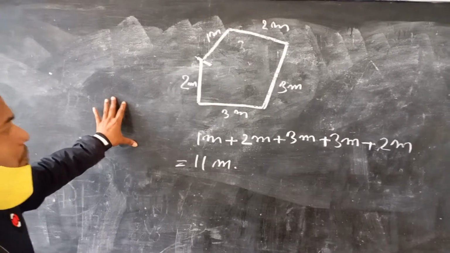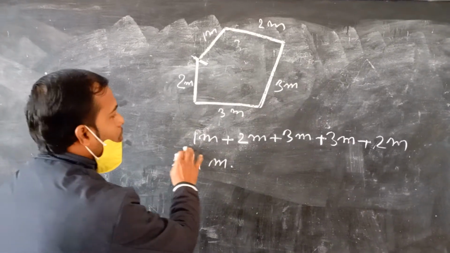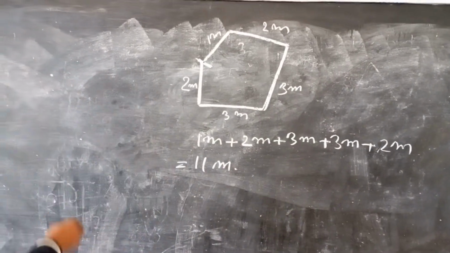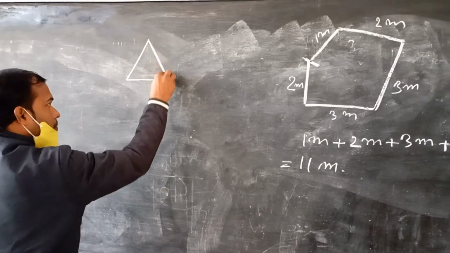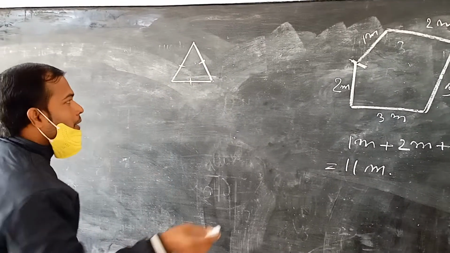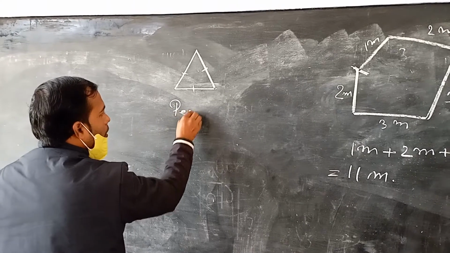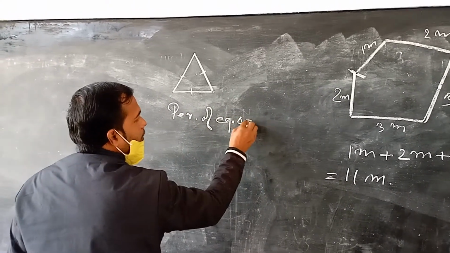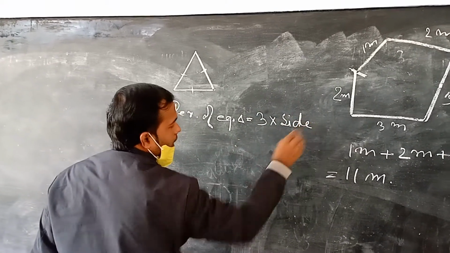Okay? Like this way we can find perimeter. Now some special figures are there, for which we do not have to add like this way. Simply we can use the formulas. The first one is the equilateral triangle. Perimeter of equilateral triangle is equal to 3 into side.